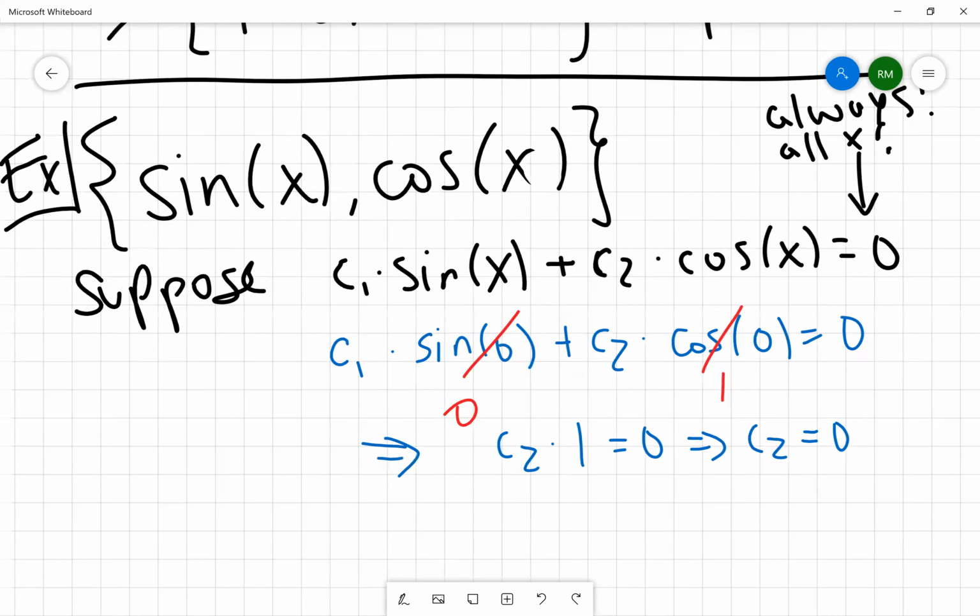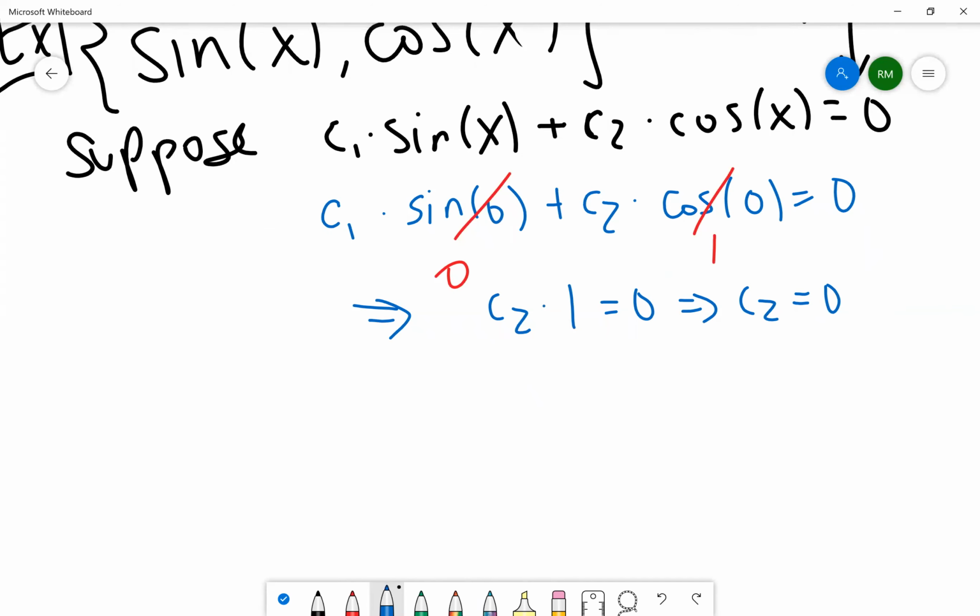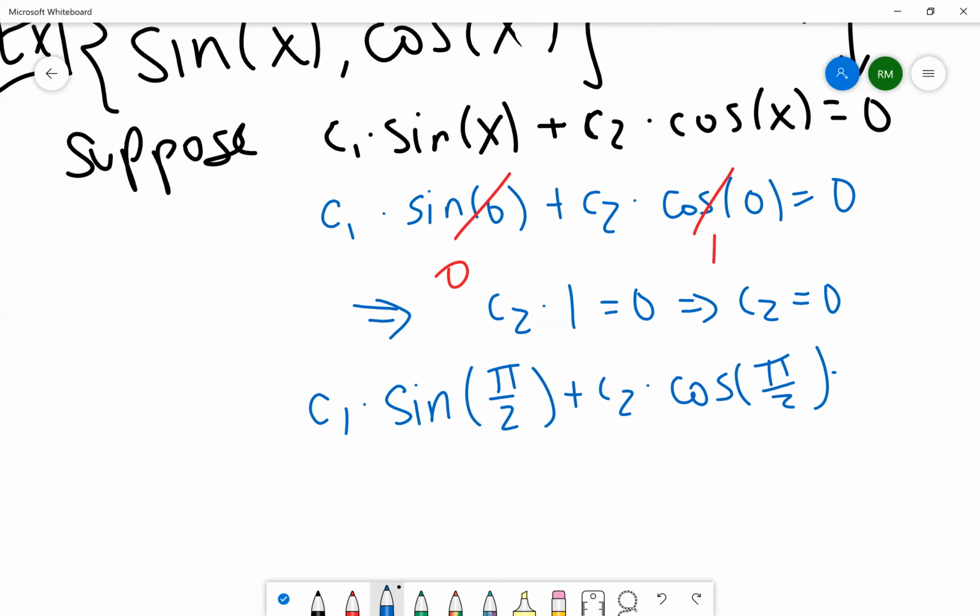Well, what other value can we plug in? Let's plug in the value of pi over 2. This must also equal 0. We know that sine of pi over 2 is 1, and cosine of pi over 2 is 0, and this will tell us that c1 times 1 equals 0.